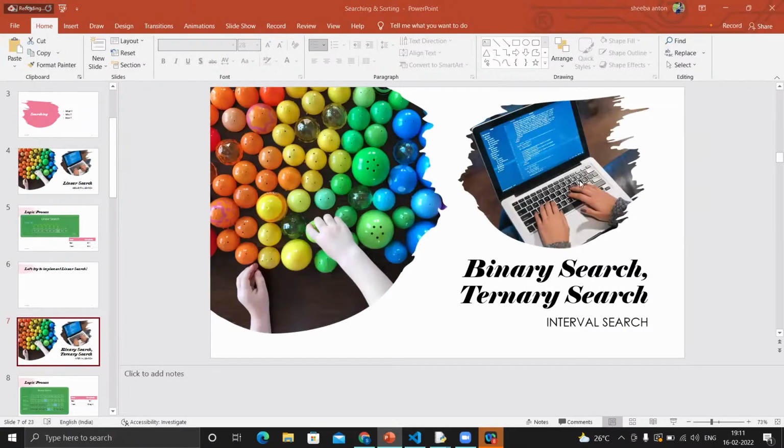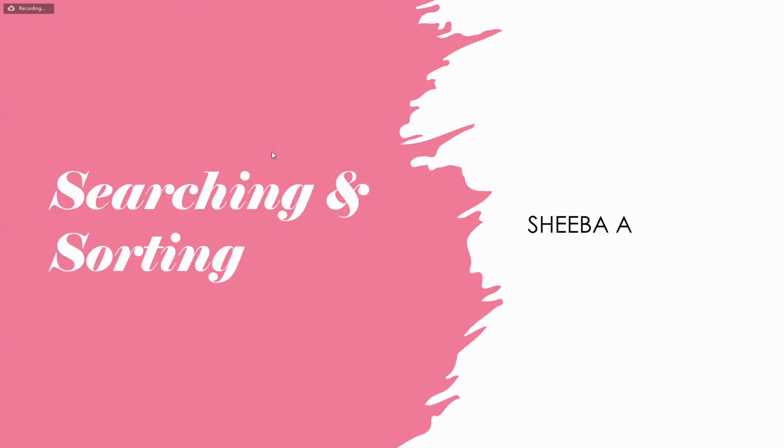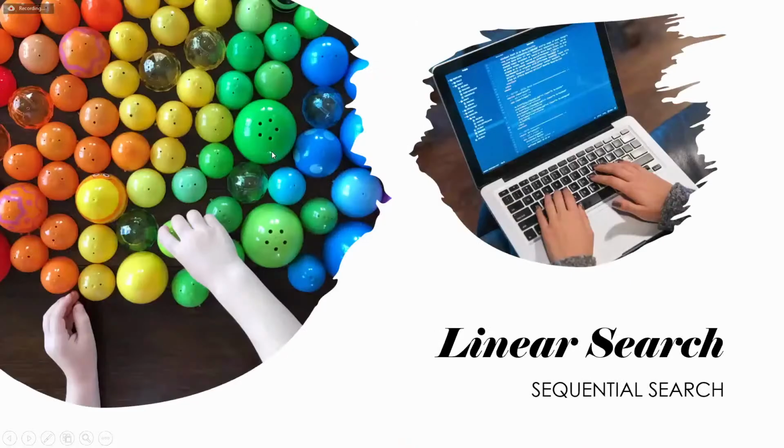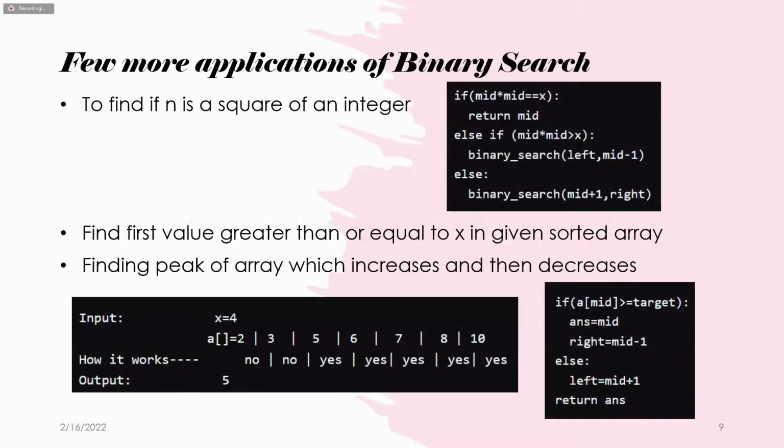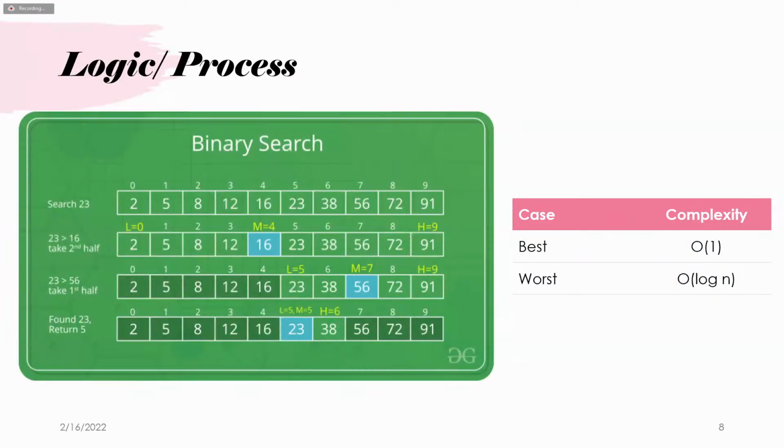Okay, so moving on, we have the binary search and ternary search, and these both can also be called the interval search. Let's first look into how binary search works.